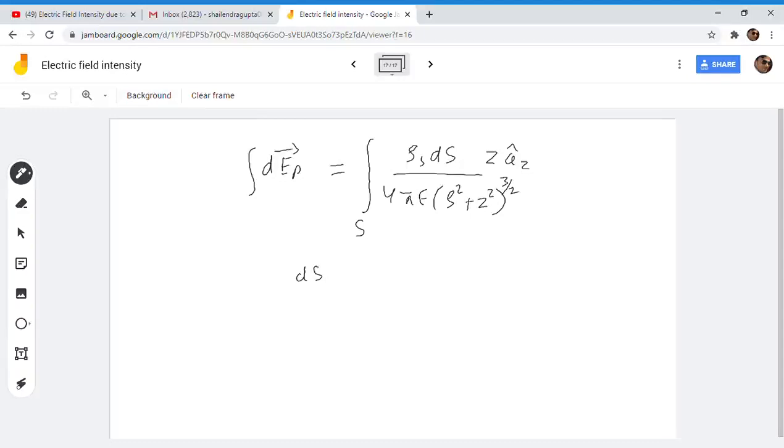To look into ds, we need to redraw that figure where we considered our differential element. So this is your x, this is y, and this is z.